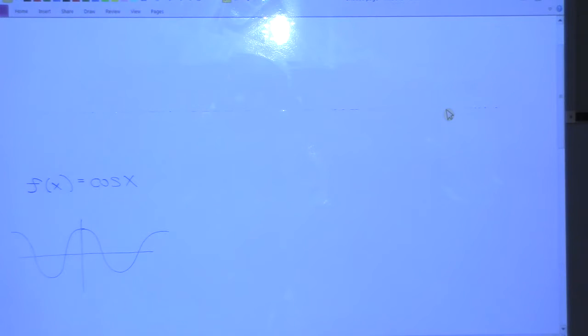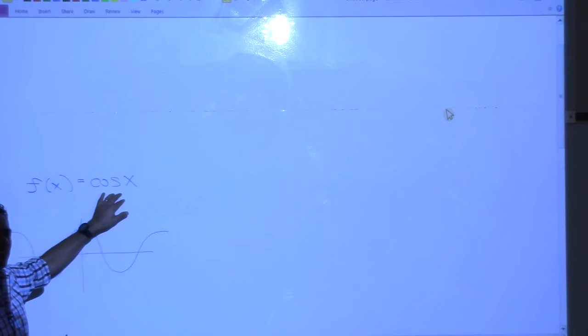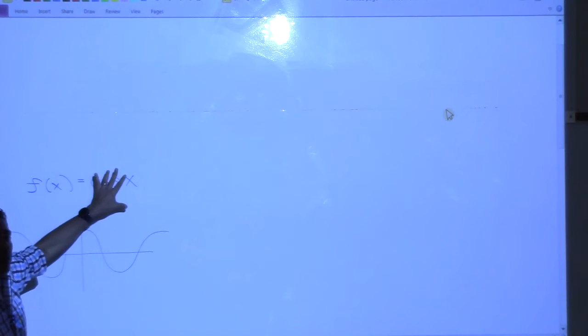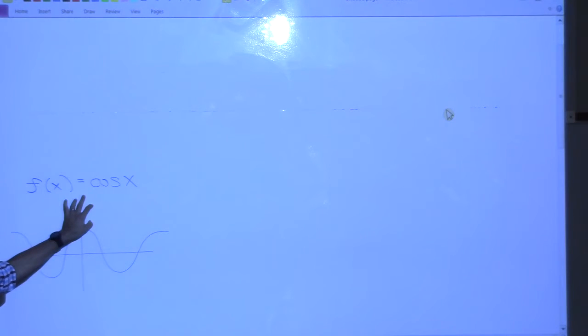So it turns out that if somebody gives you a function, doesn't matter what it is, as long as it behaves pretty nicely, it's continuous, as nasty as you want it to be, there is a way to approximate this function with a polynomial. So we know what polynomials are, right?